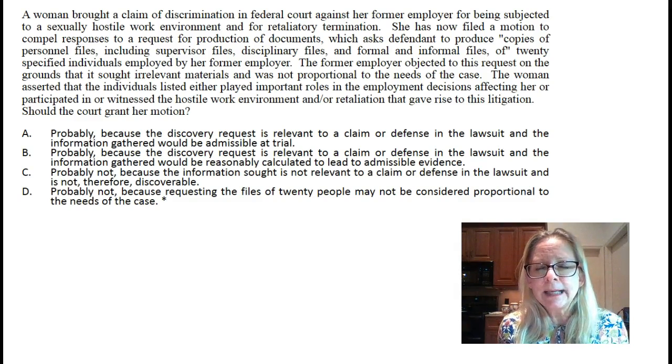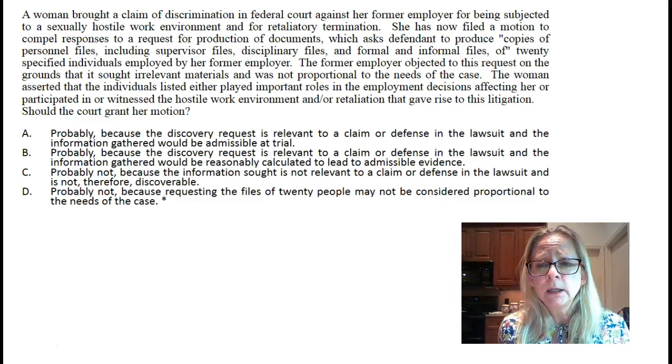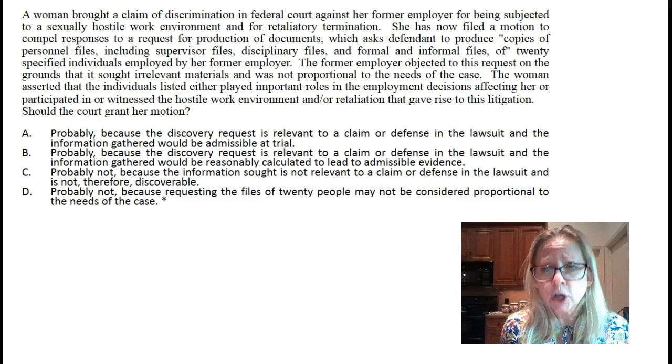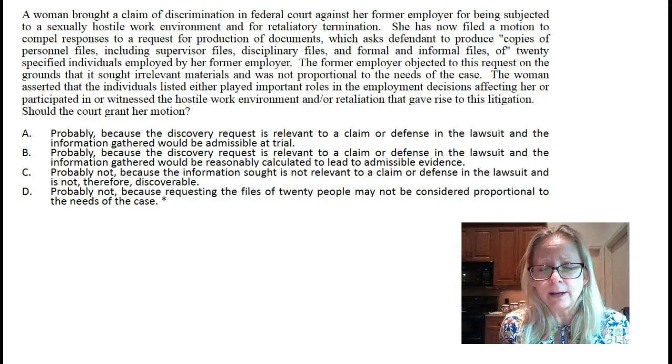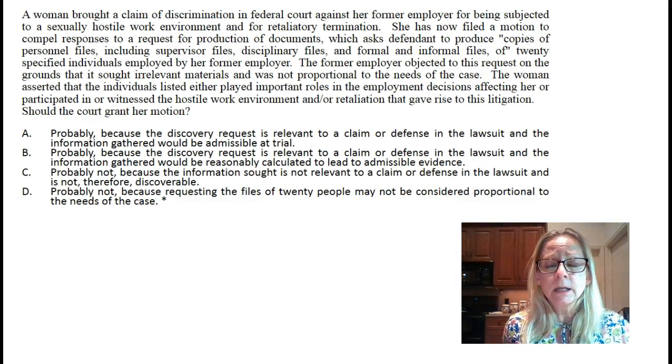The words reasonably calculated to lead to the discovery of admissible evidence used to be in 26B1 prior to the December 1st, 2015 amendments. They have now been deleted and changed, or the thought of that idea has been kept, but the language has been changed. And so, again, that is not the current standard. And yes, this information is relevant, but answer B is incomplete because it does not consider proportionality.